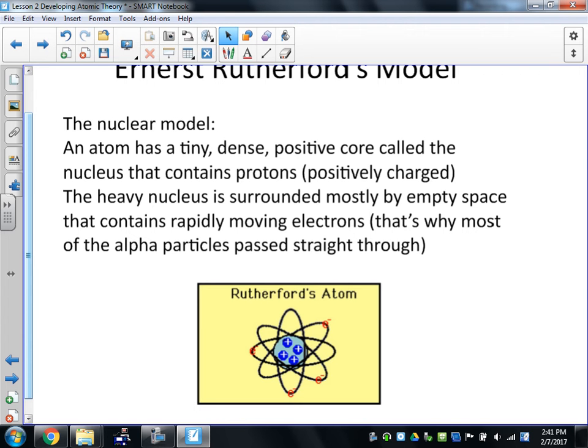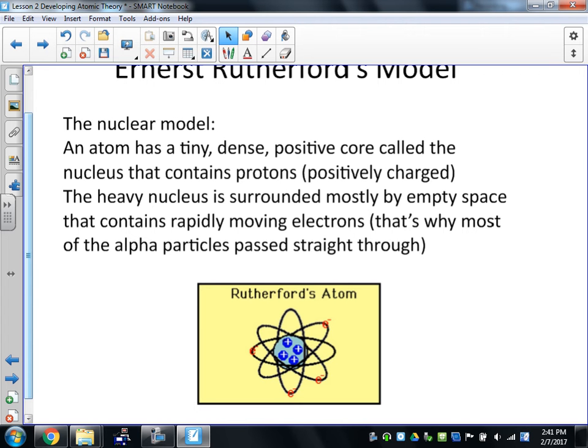So here's the protons here. This is what Rutherford thought. Protons right here, you can draw this if you want, and the electrons go around the outside. So they orbit around the outside, and when he shot the particle, some would go right through, and some would hit the nucleus and bounce back. So his idea of the model looks like that. Rutherford's atom basically looks like that.